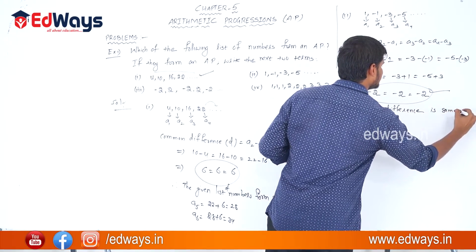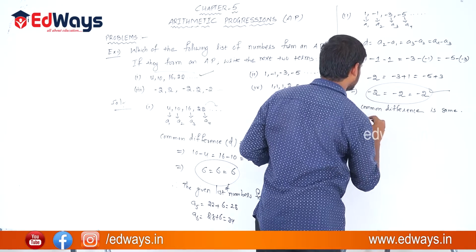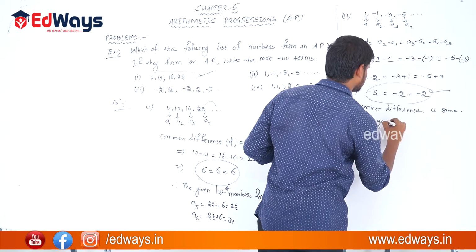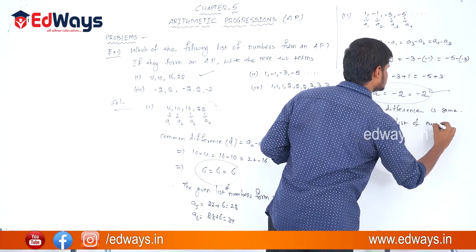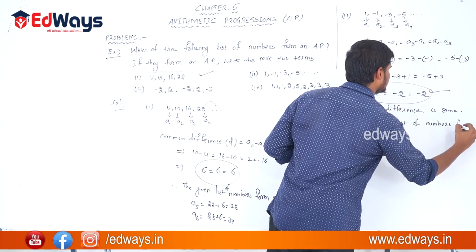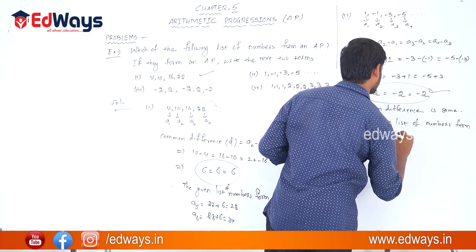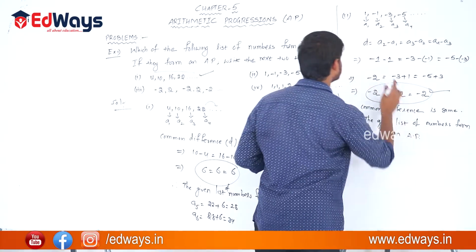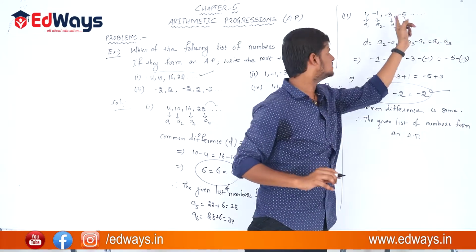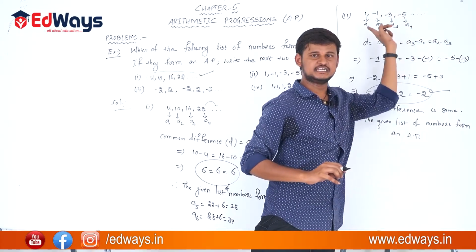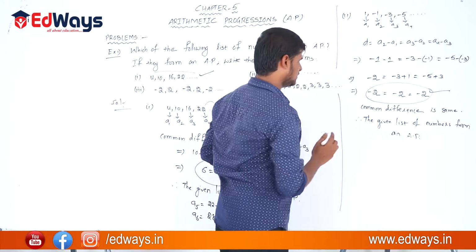The given list of numbers forms an AP, right? So again it's an infinite AP because there is no last term. The progression is not ending, right?